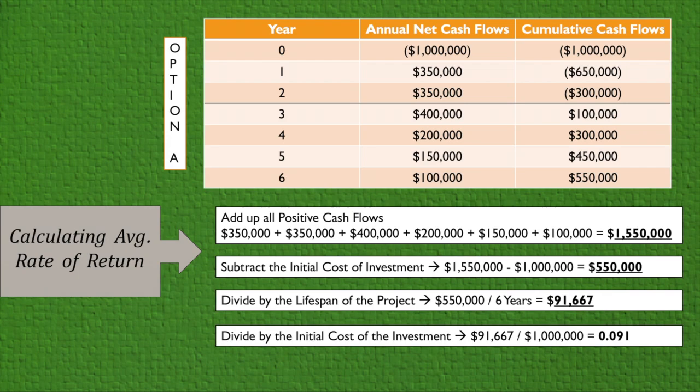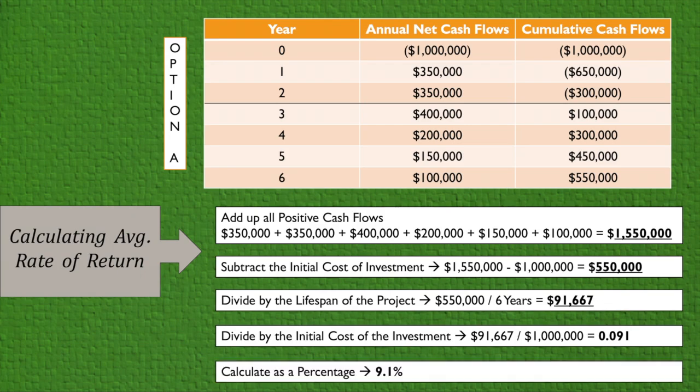We're doing this because we're trying to figure out the percentage of that investment that will be returned to us each year. So we divide our annual returns by the initial investment. Once we do that, we get a number like 0.091 and we turn it into a percentage, 9.1%. So our average rate of return for option A is 9.1%.